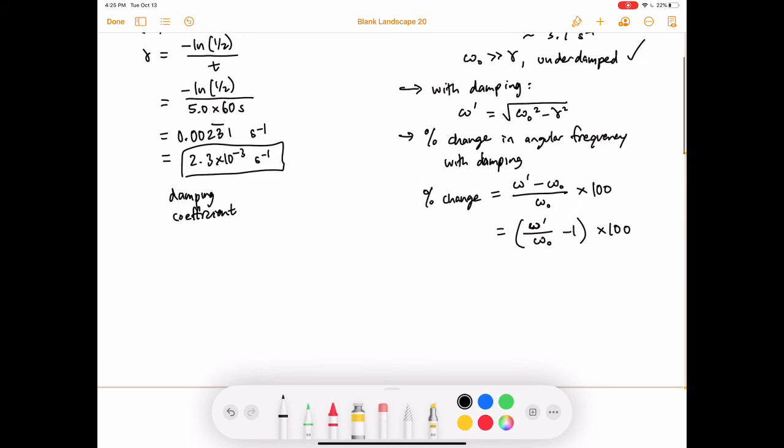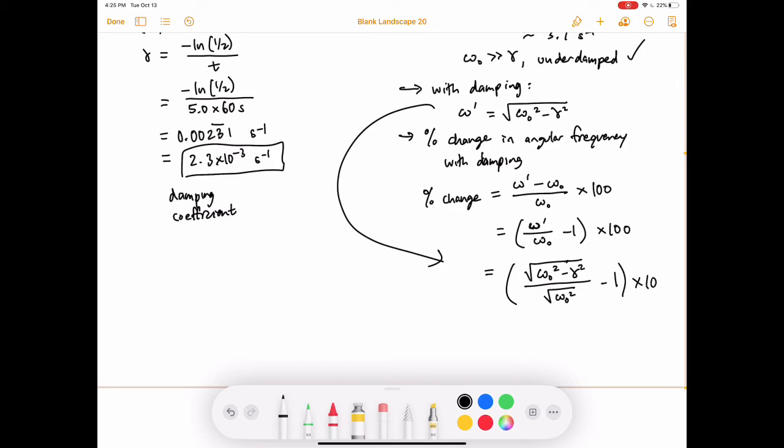And let's plug in for omega prime now. So we have the square root of omega naught squared minus gamma squared, that's omega prime, divided by omega naught, which I can write as the square root of omega naught squared. Okay, then we subtract 1, and then we multiply by 100.